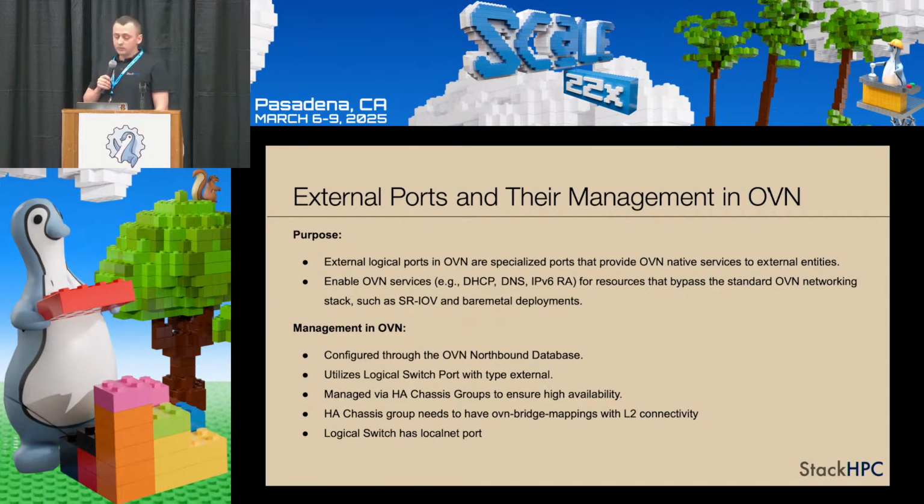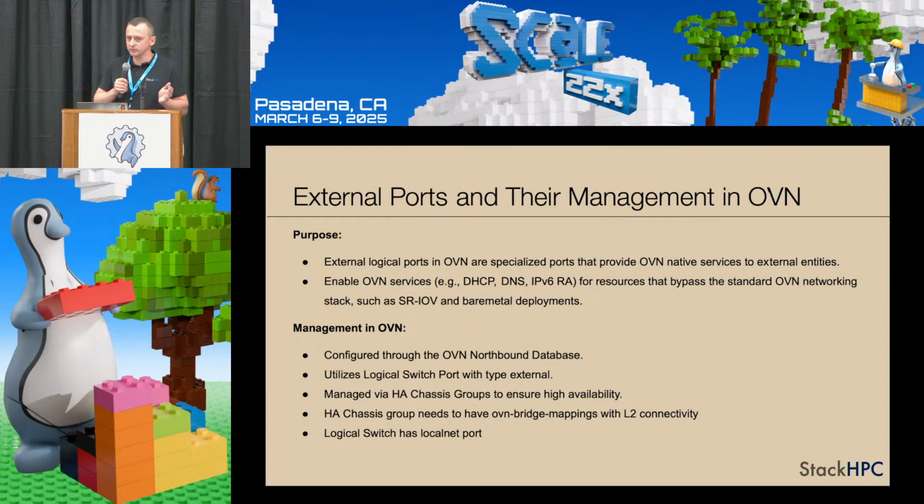In OVN, we configure those external ports in the northbound database like every other logical component. Important to notice is that those ports are managed by HA chassis groups between the chassis, which in OVN nomenclature is the denomination of the hosts that will be configured.